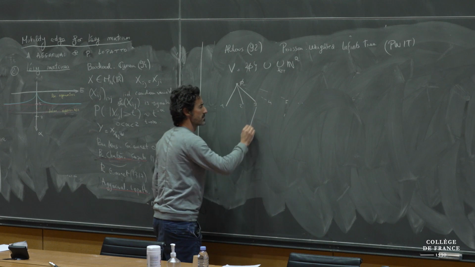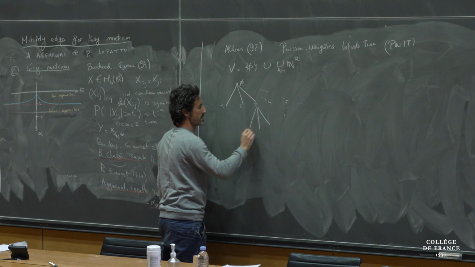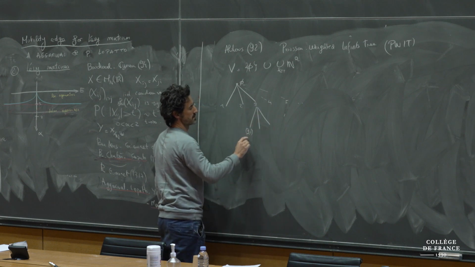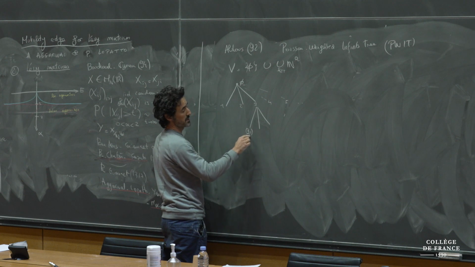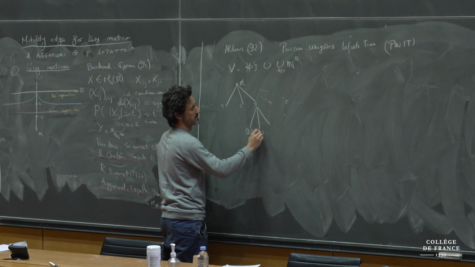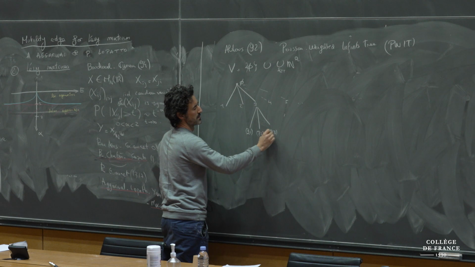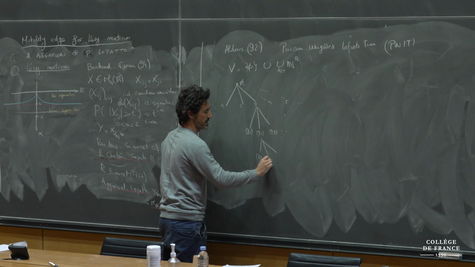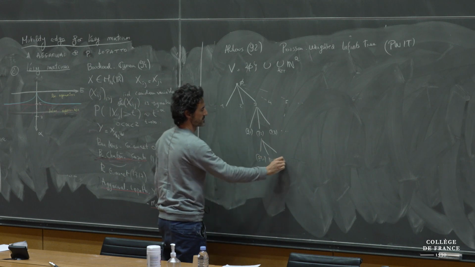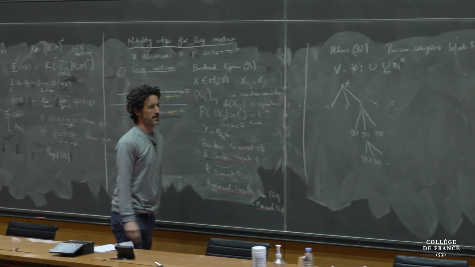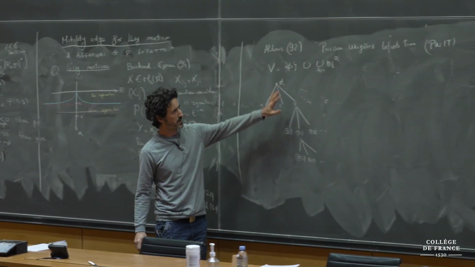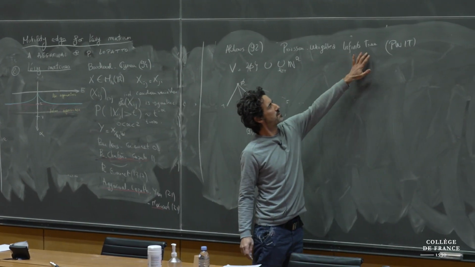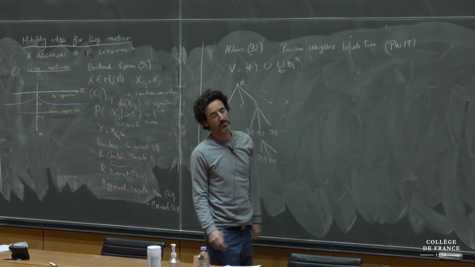Then the neighbors of, for example, 3 are integer sequences of length 2 which start with a 3, and so on. So these are the vertices and the edges of my infinite tree. Now I have to put these Poisson weights.